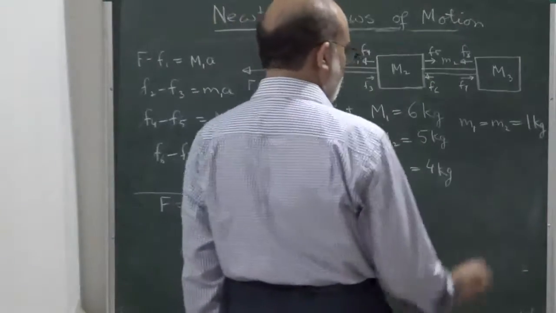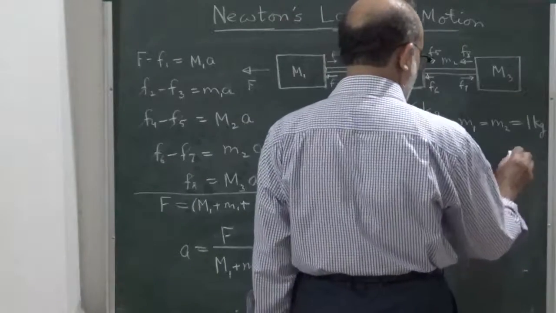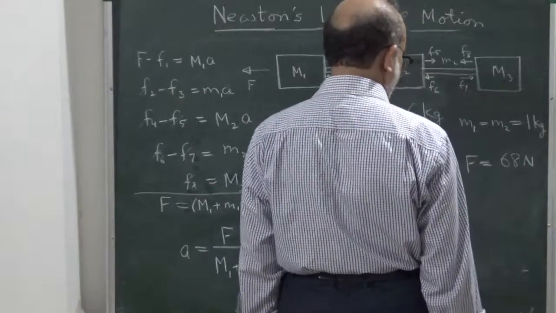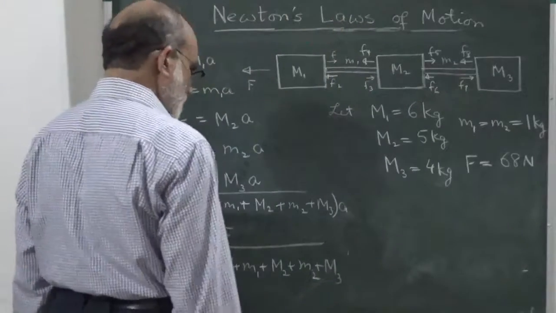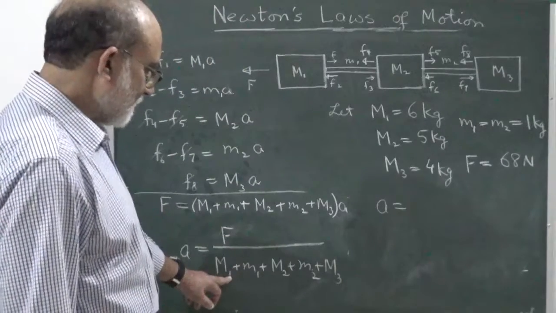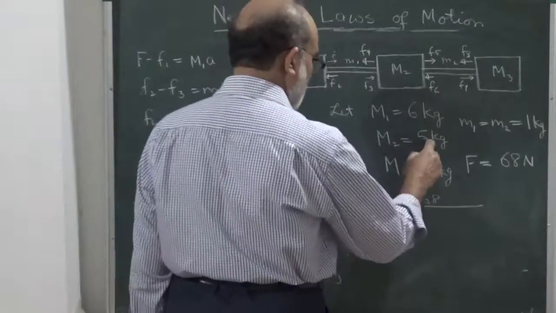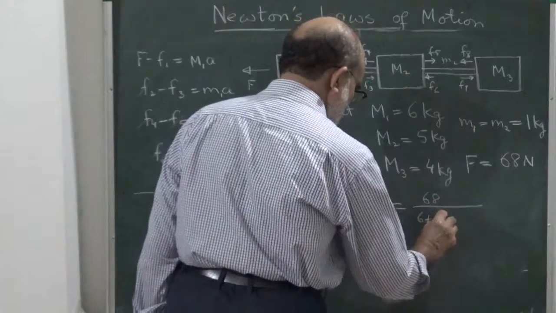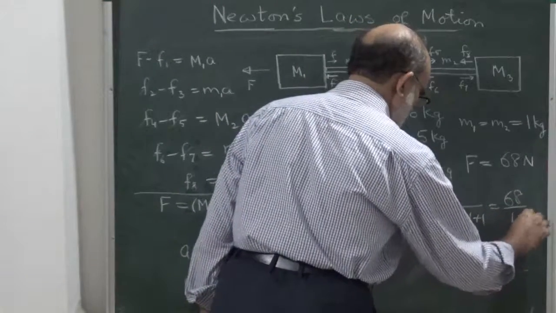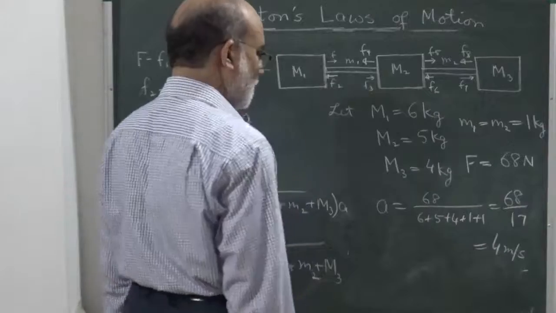And let the applied force be 68 Newton. So acceleration will be 68 divided by 6 plus 5 plus 4 plus 1 plus 1, that is 68 by 17, which is equal to 4 meter per second square.